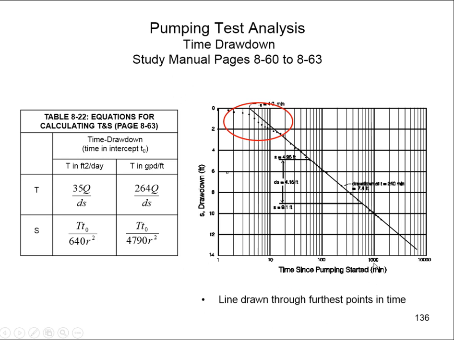So if I go here at 1,000, I have 10 feet of drawdown. I go a log cycle away to 100, and I have just a little bit less than 6. So I have 4.15 feet for my change in drawdown. And that is what is used in this equation.